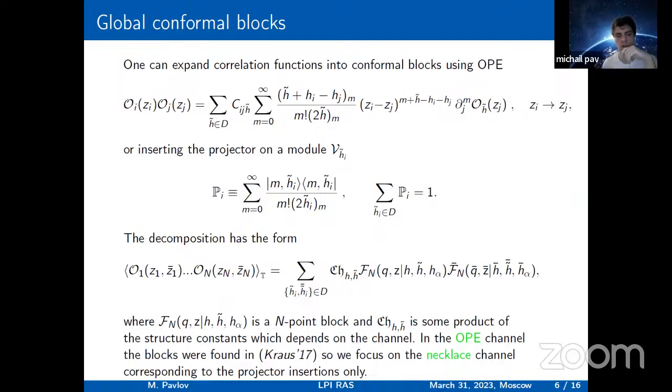As I mentioned, in contrast to the sphere case, these two approaches give us different conformal blocks. So we have two principal options.